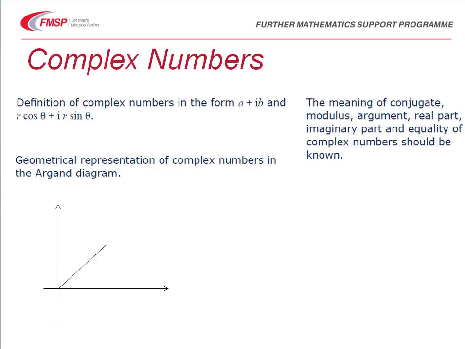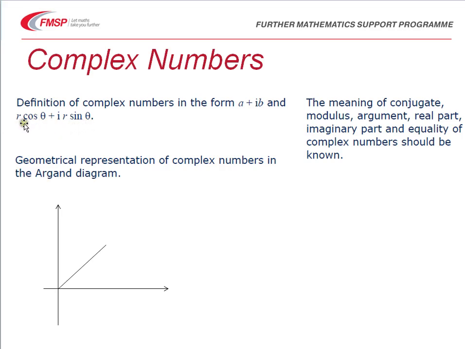The specification in Edexcel requires you to know that a complex number can be expressed in the form a plus ib, so it's Cartesian form, or in the form r cos theta plus i r sine theta, so it's what's termed as its polar form.